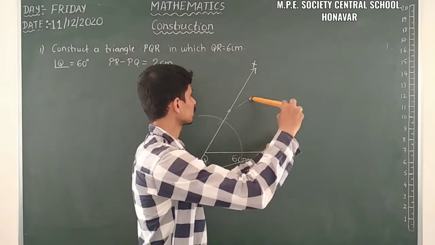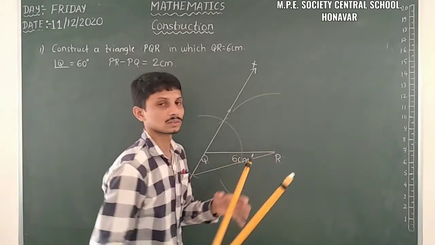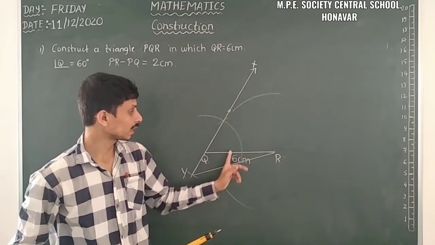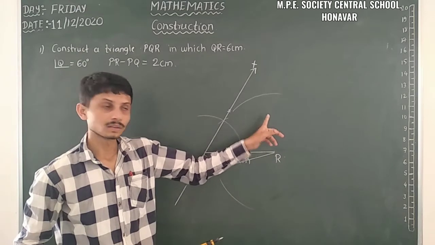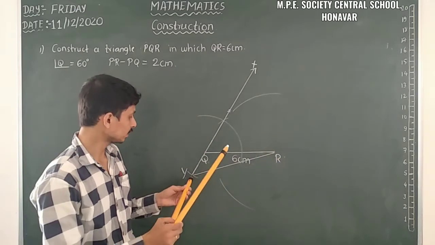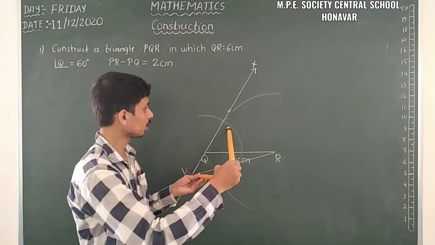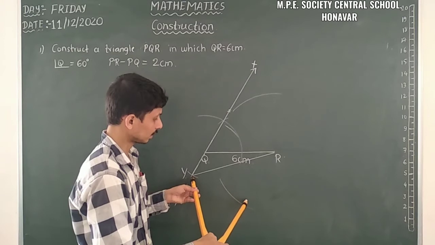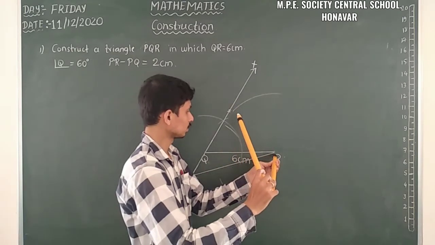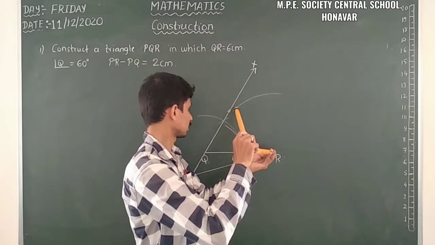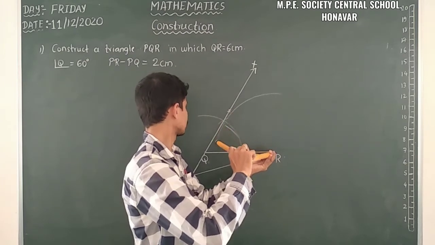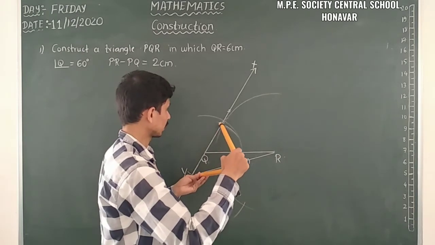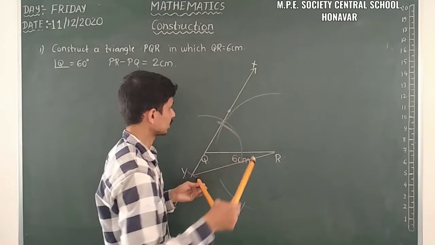Don't disturb this radius, and draw an arc on either side of this YR, taking R as the center, and then taking Y as the center, we have to draw an arc to cut the previously drawn arc here like this. Here we have to extend this line.